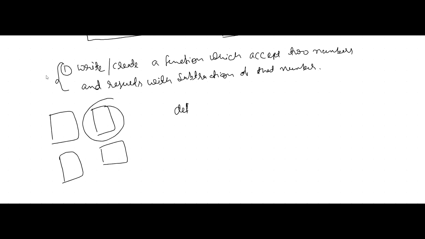When Python asks for a function which accepts two numbers, you have to declare them here. So I am writing a, b. It should print or return; I will come to what print and return are. As of now, let me write print a minus b.